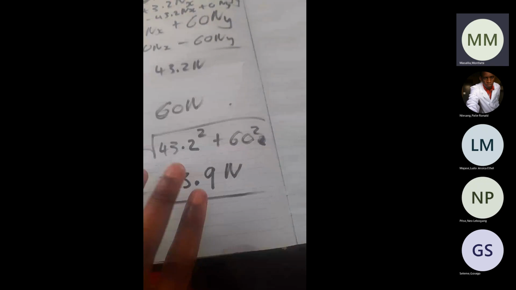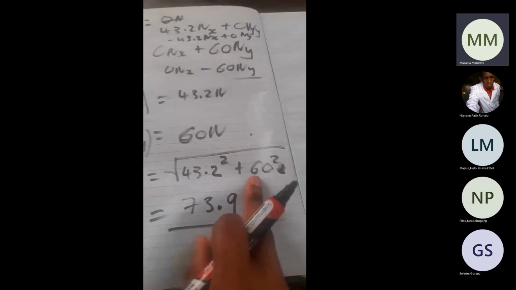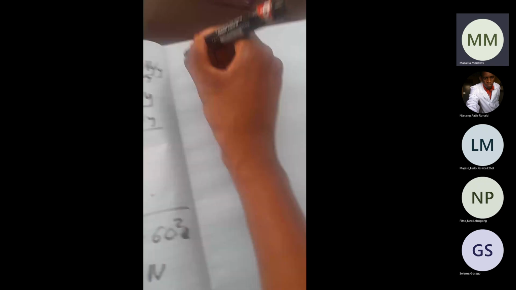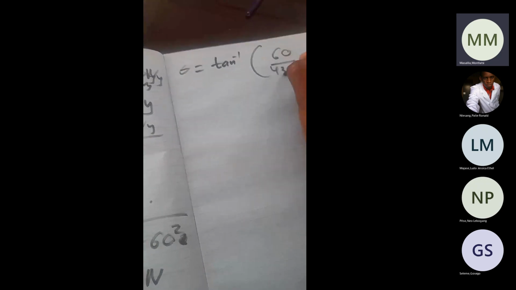And we know that for us to find the angle, we always say this over that. So tan theta is 60 over 43.2.